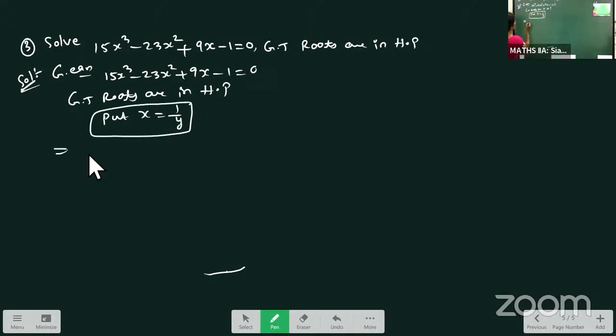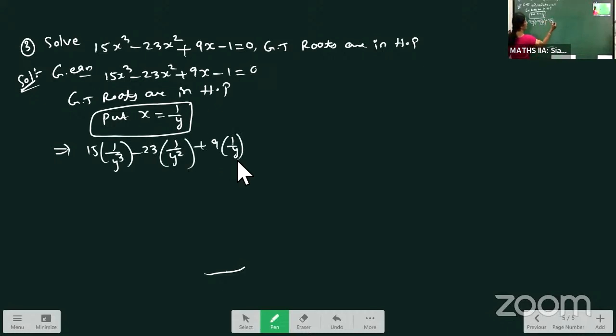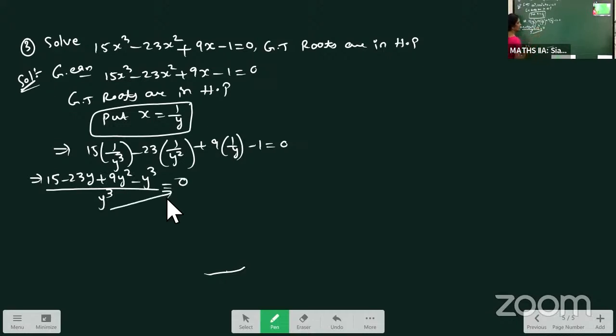Which implies 15 into 1 by y cube minus 23 into 1 by y square plus 9 into 1 by y minus 1 is equal to 0. Take LCM, y cube is the LCM. So here 15 minus 23y plus 9y square minus y cube. You cross multiply, y cube goes to 0.